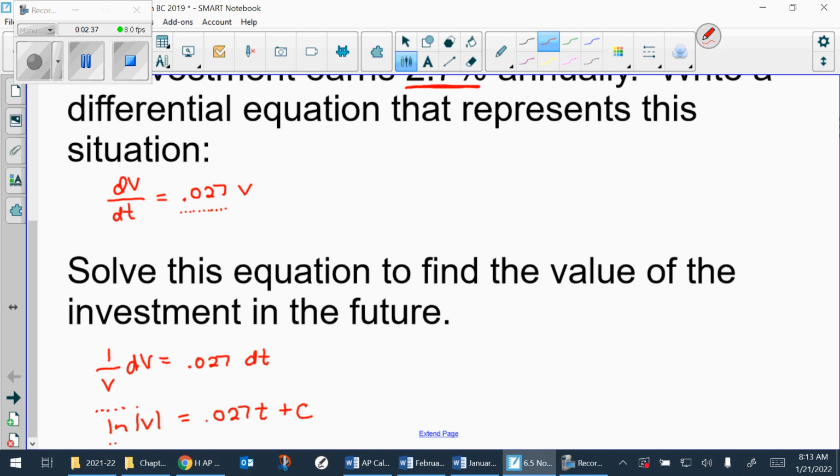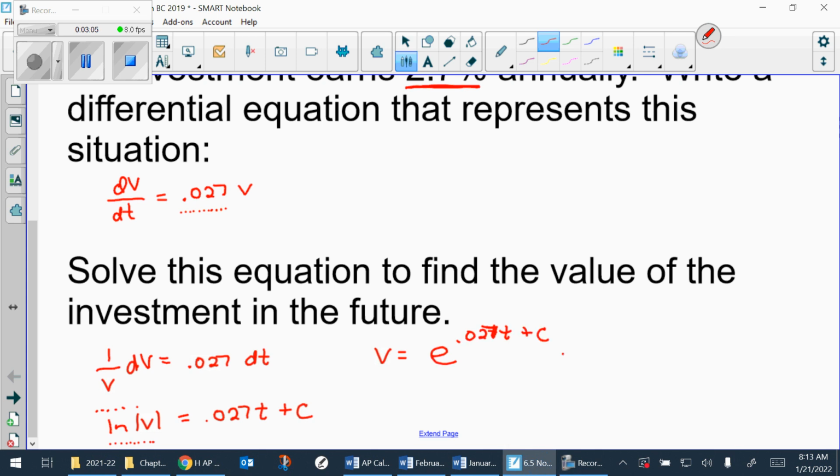And so I would change this from log form into exponential. And so the value would be equal to e to the 0.027 t plus c.